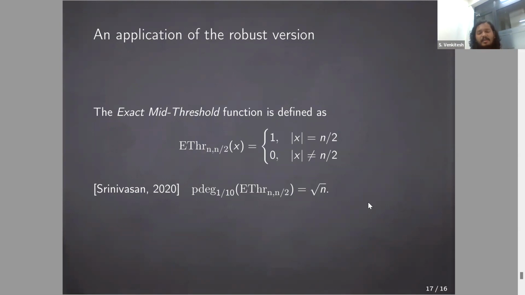The upper bound of square root n already comes from Alman-Williams. We show that it is actually tight. So that's a clean application of not exactly Hegedus, but a robust version of Hegedus.